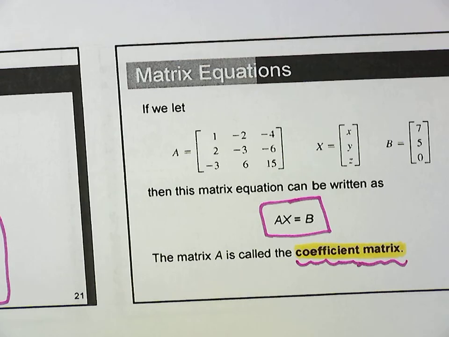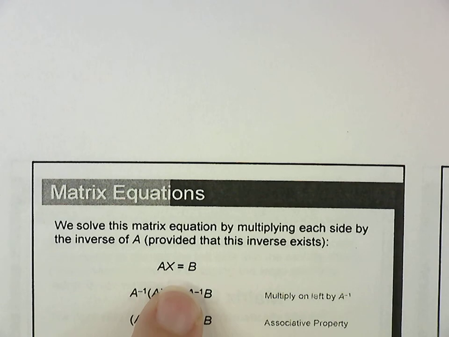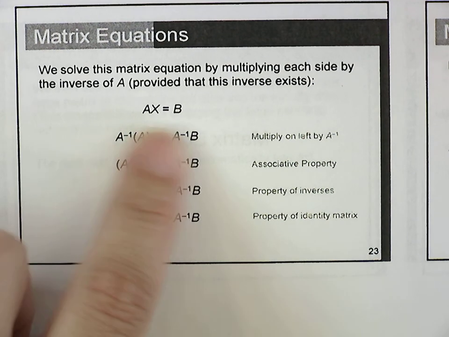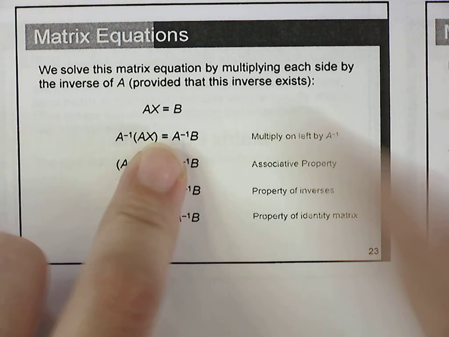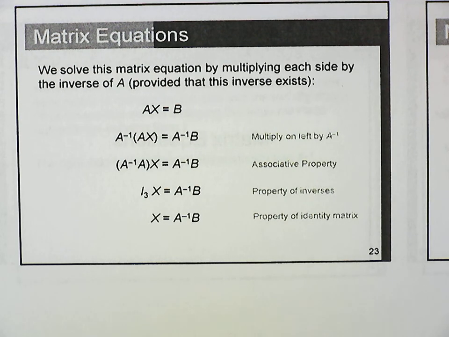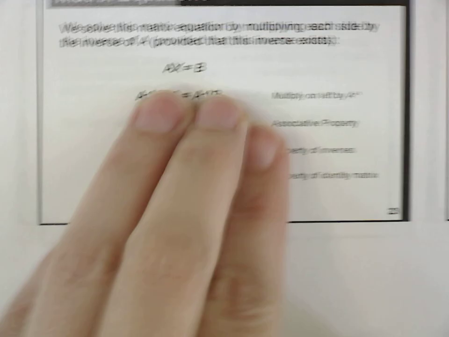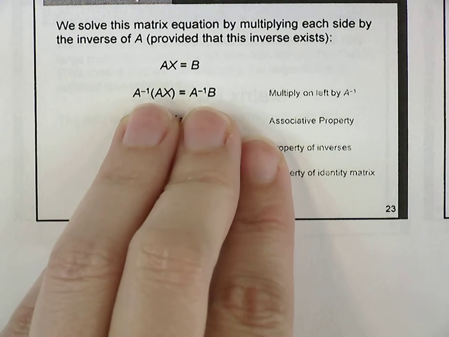All right, in the next slide, we're going to talk about how you solve. So this is our equation, okay? A times x equals b. Now, usually, if you want to undo something, you want to use the inverse operation. So what you could do here is you could multiply each side by the inverse.